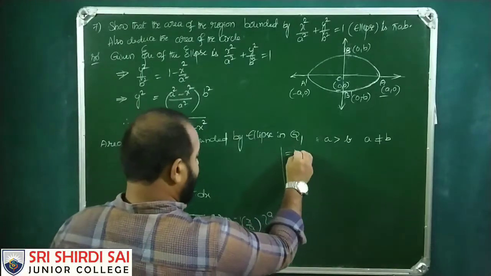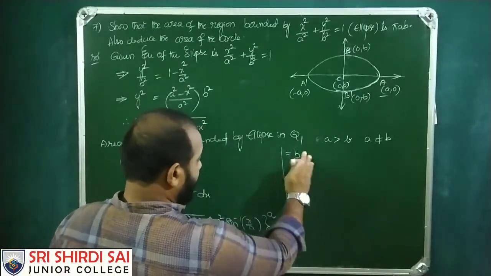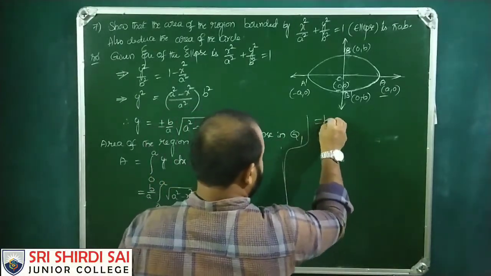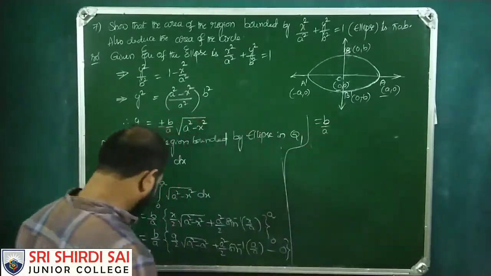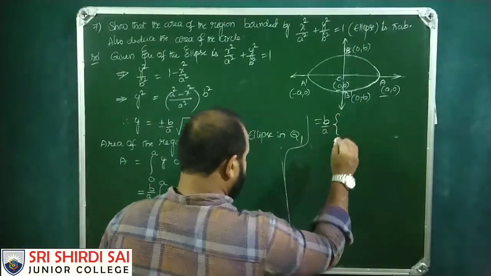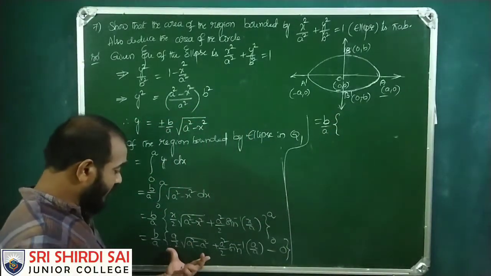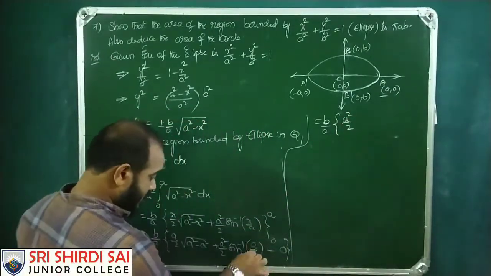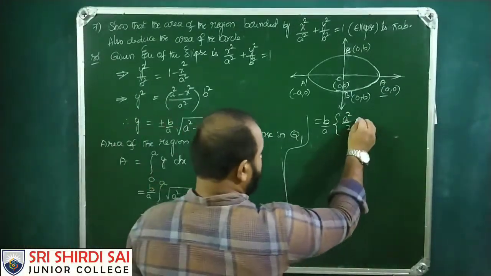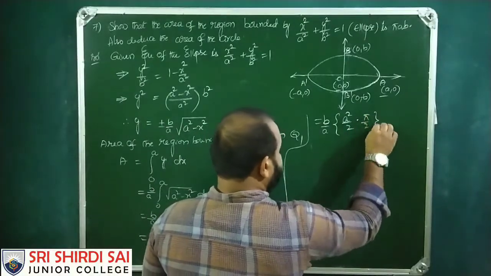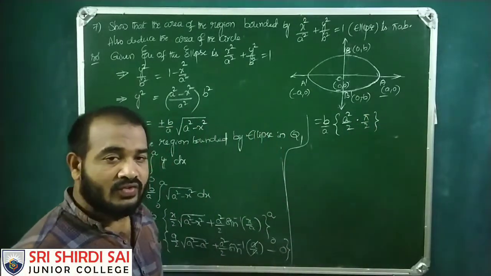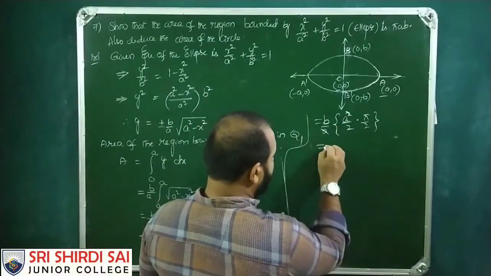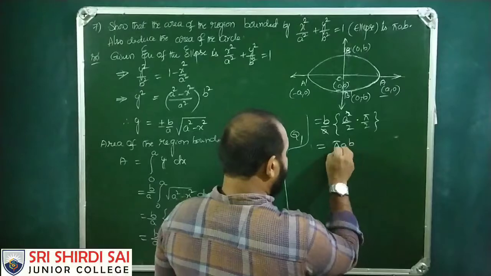This is equal to b by a into, a square minus a square is 0, so this is all 0, plus a square by 2 sine inverse 1. Sine inverse 1 is pi by 2 because sine 90 is 1. So a gets cancelled and this is pi ab by 4.